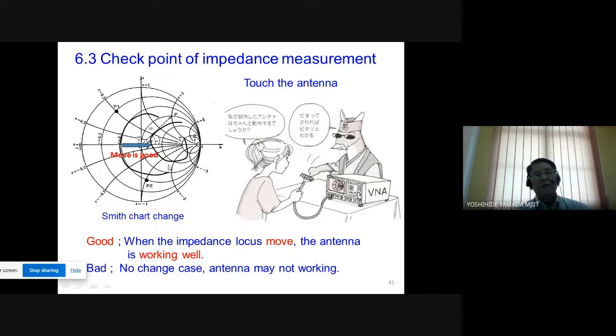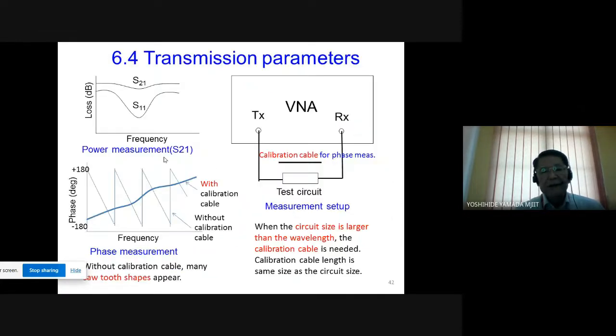Like this one, from the measured impedance, attach the antenna, then movement is okay. And attach the feed cable, no movement is no good. Like this, our body can be used to check the antenna performance.